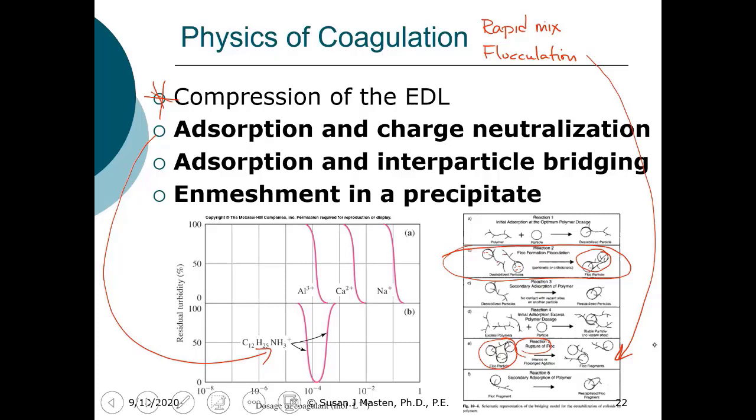And then the last one is enmeshment in a precipitate. So here we're actually adding so much coagulant that we exceed the solubility, and what we're actually doing is precipitating. So basically the floc that we're trying to remove, or the particles that we're trying to remove, become enmeshed or encased within this particulate.